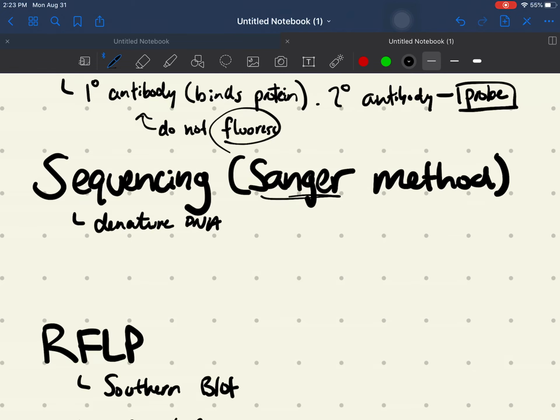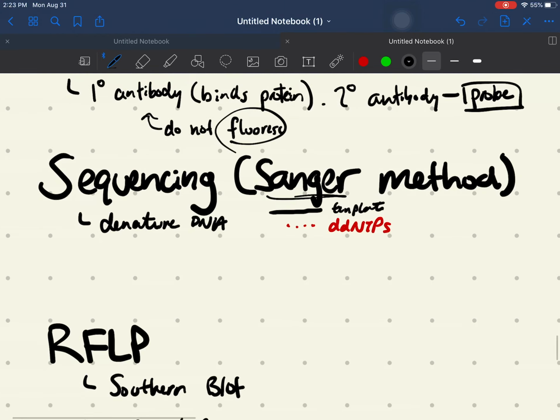And after you denature your DNA, to expose that template area, so if we have that DNA template up on top here, on the bottom, what we're going to do is we're going to add in some radioactive dideoxynucleotides, okay?